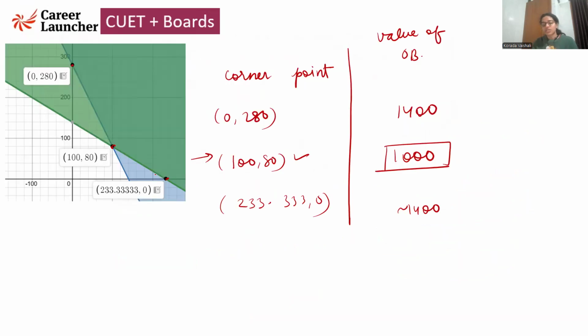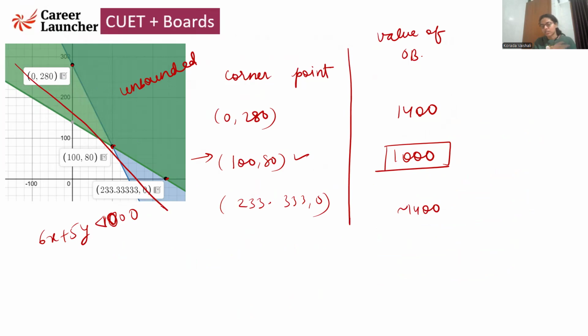But now what we need to look at is, because the region is unbounded, we will just plot this down as 6x plus 5y less than 1000, and we will try to see, is there any other minimum value less than 1000? So if you just look at this, it will somehow pass.